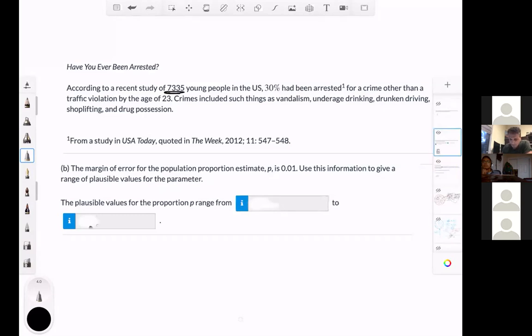Is it plus and minus 7,335? Well, which formula did you use?